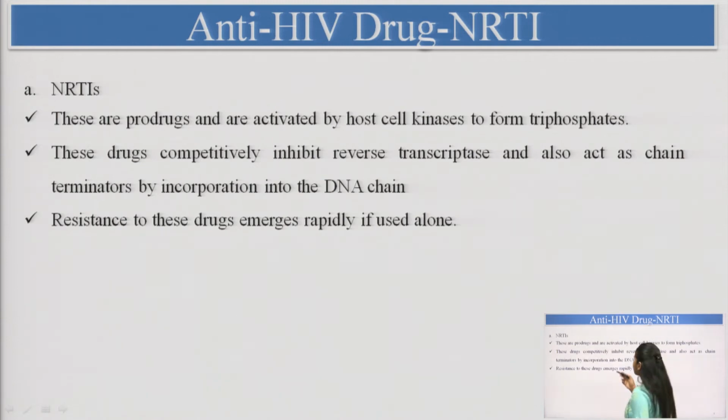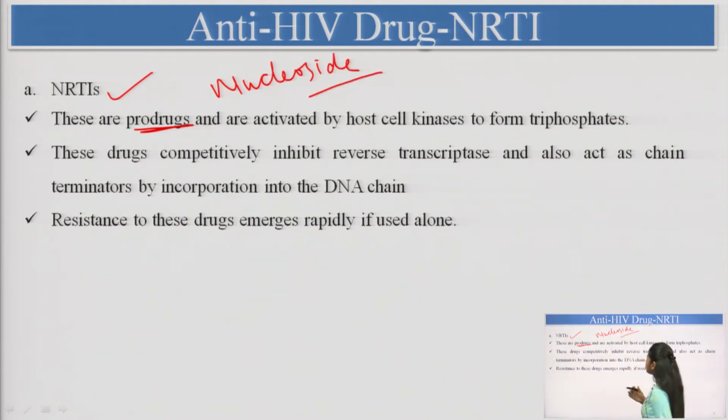Now, see, all of the NRTIs are prodrugs. Okay, nucleosides do not have the phosphate group. This is the basic difference between nucleoside and nucleotide. Nucleotides do not need to be activated, they already have the phosphorylated group.